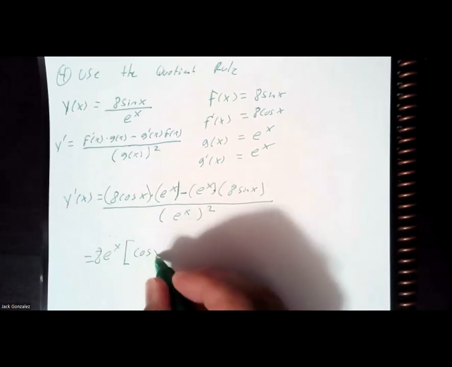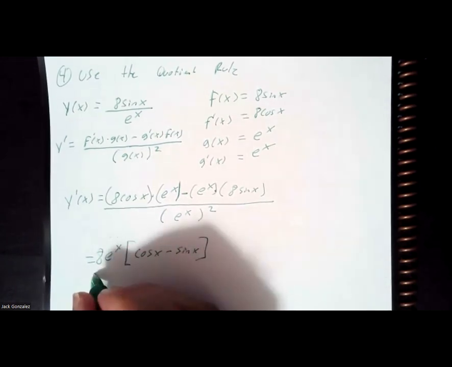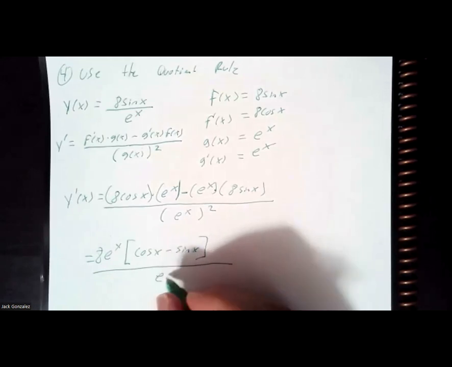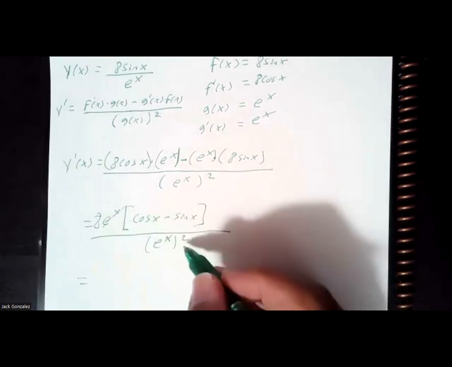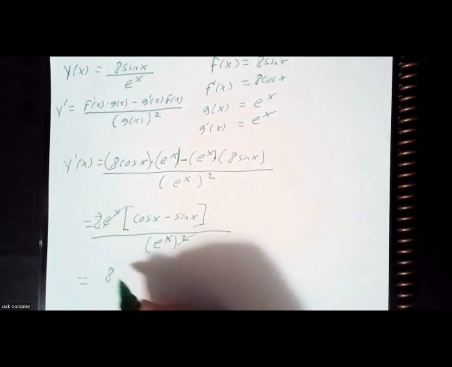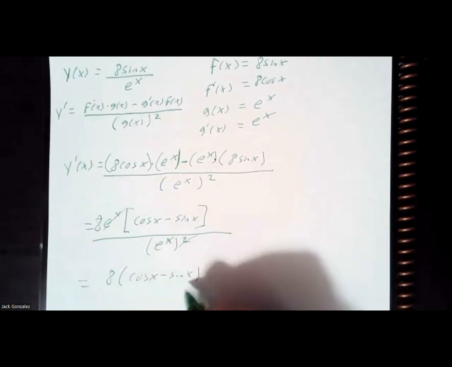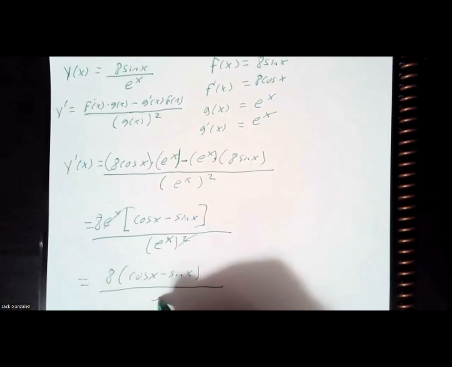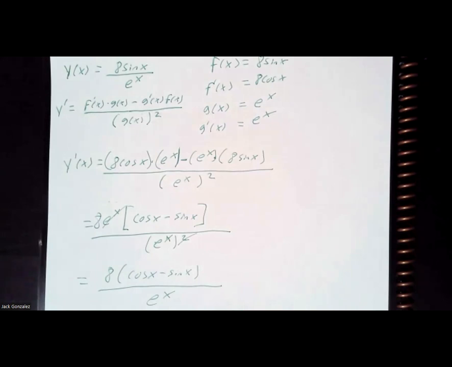So we're left with cosine x minus sine x over e to the x squared, which will reduce, right? Cancel one of these. And that's it.